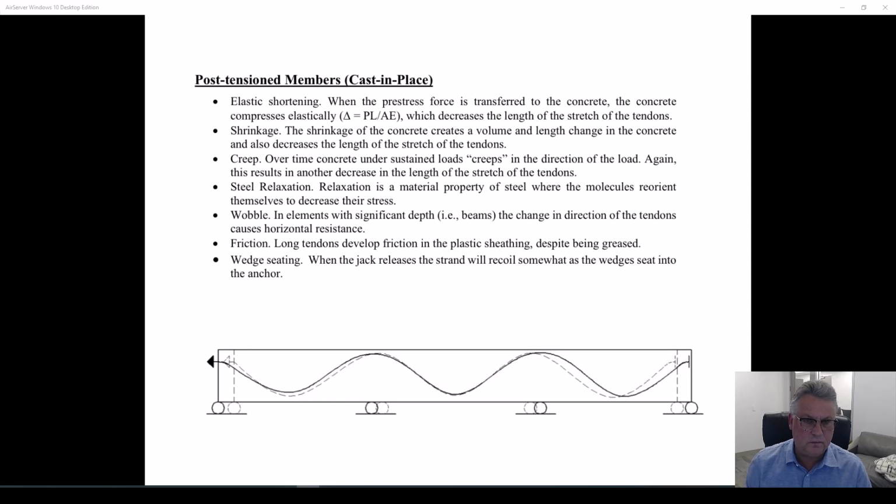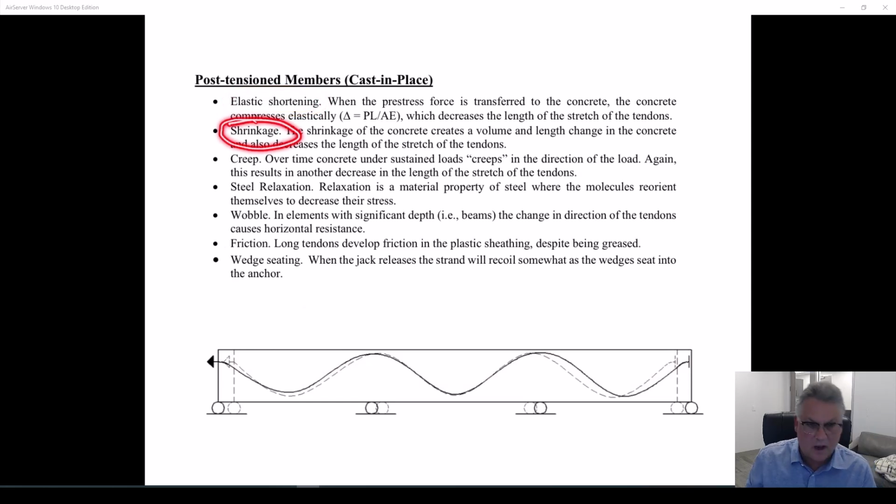It has to, according to PL over AE. That will cause the tendon to have less stress in it. So the tendon started out this long, and elastic shortening moved it in. So if the tendon is moving in, it's a big rubber band. It's losing some of its force due to that. Okay. That was elastic shortening.